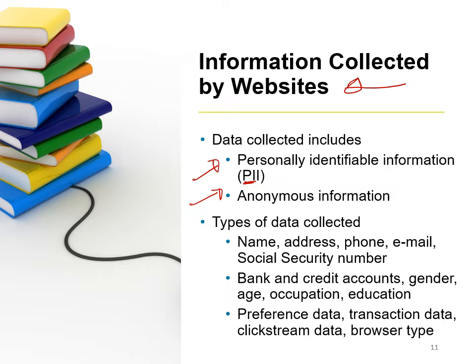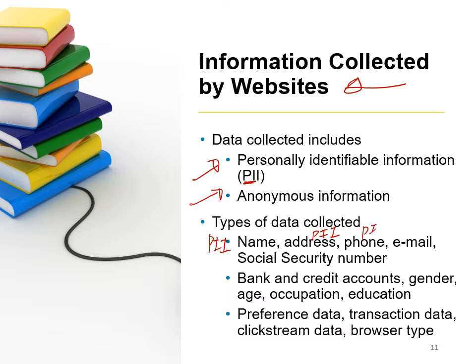Examples of types of data collected: name, address, phone, email, social security number, in Singapore what we call IC number. If you give me your name, I know who you are. This is PII. Name is PII.